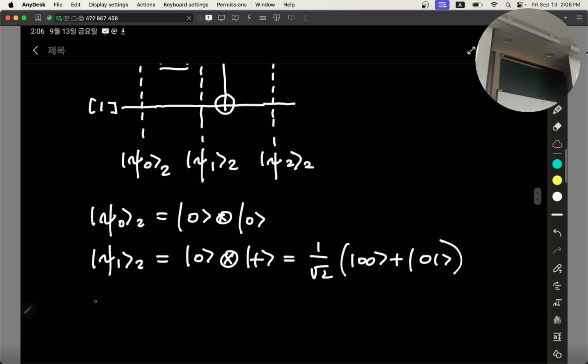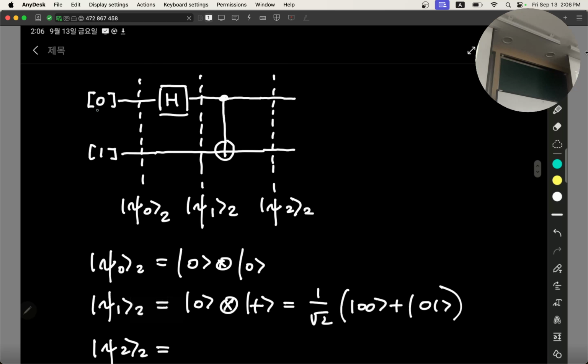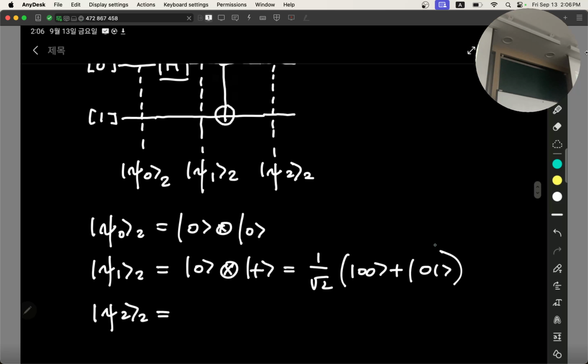And then I apply CNOT, taking the 0th qubit as the control qubit, and 1 is the target qubit. So based on the state of the control qubit, since it's 1 on this side, it will apply an X gate to qubit 1.